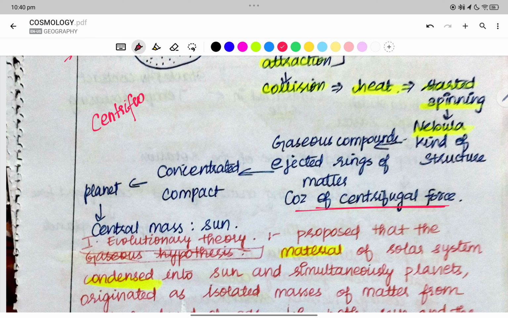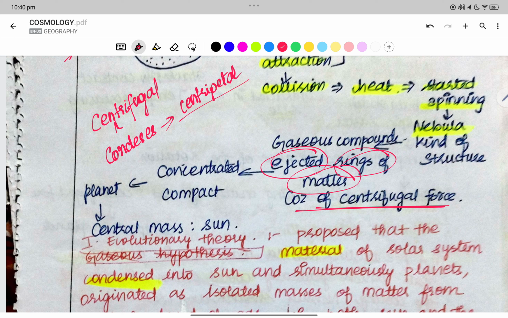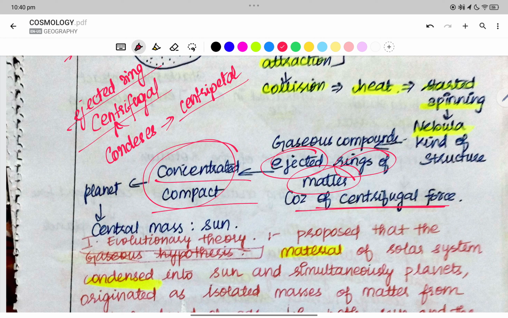When it condenses, it is due to centripetal force. The ejected rings of matter, because of centrifugal force, then concentrated very compactly. Therefore, they became planets. The central mass is the sun.